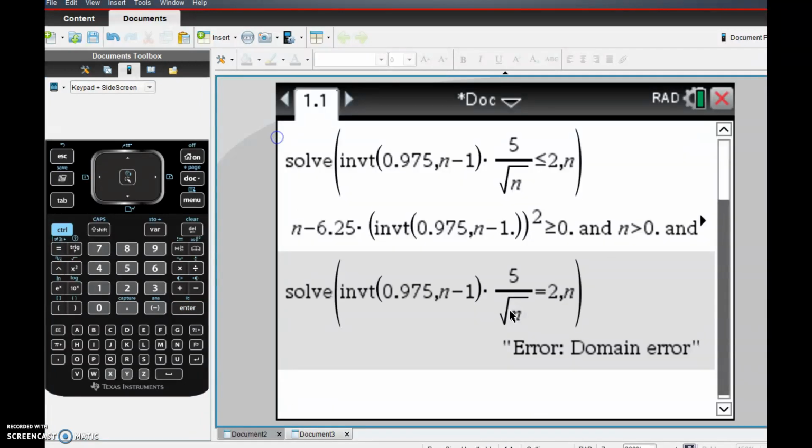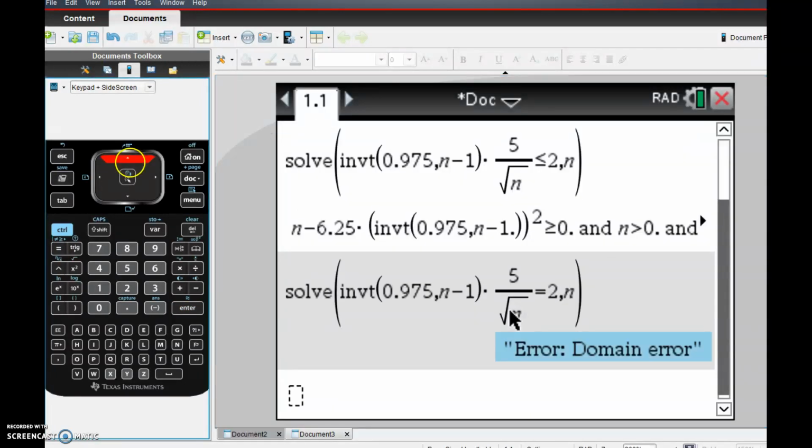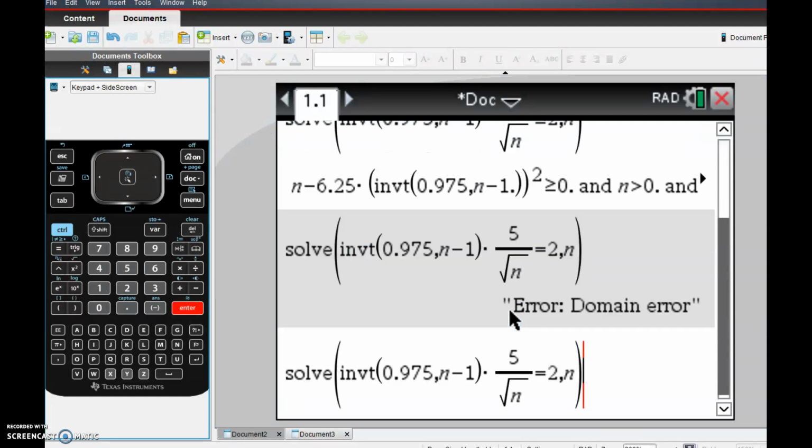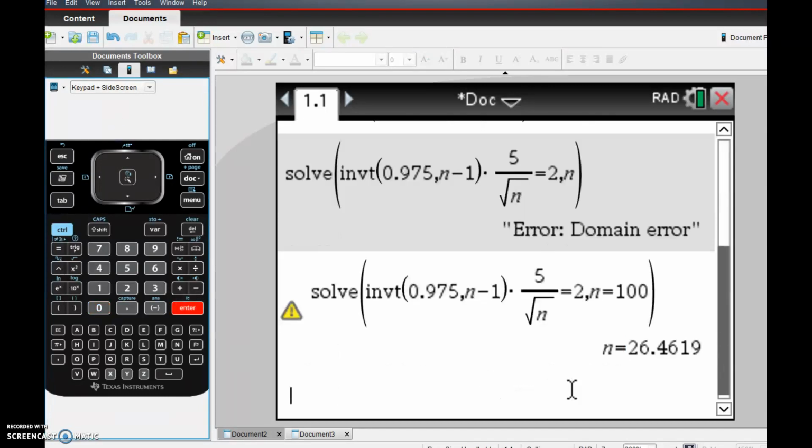So to get around that, you just need to put in an initial guess. So for n, just put in an initial guess. I'm going to say n is a sample size of 100. As long as it's a significantly large value, I think we're going to be okay here. It's pretty impressive that it does.